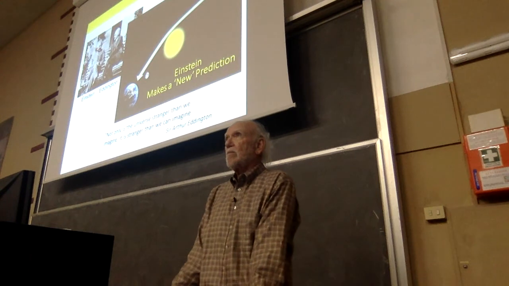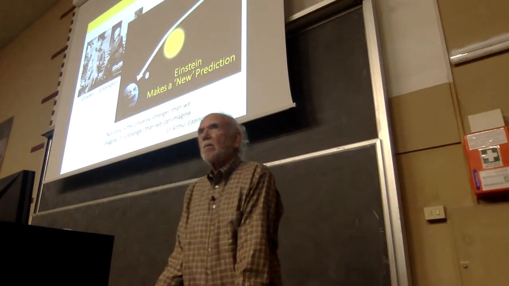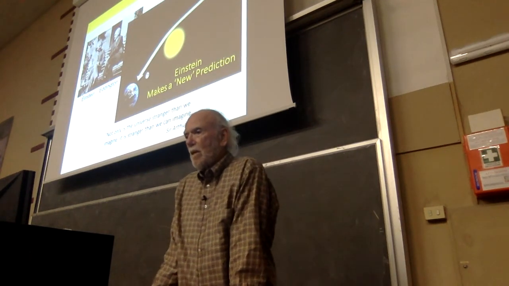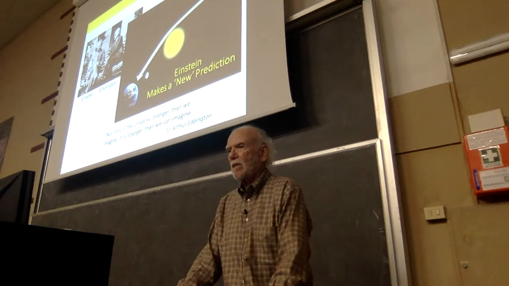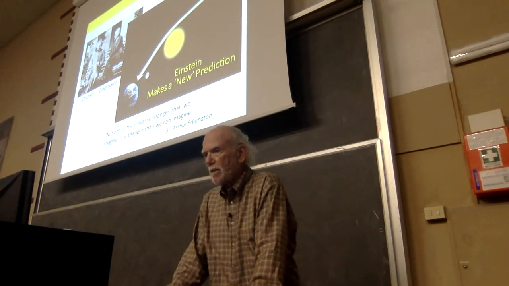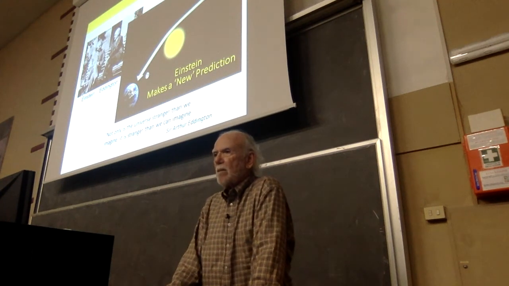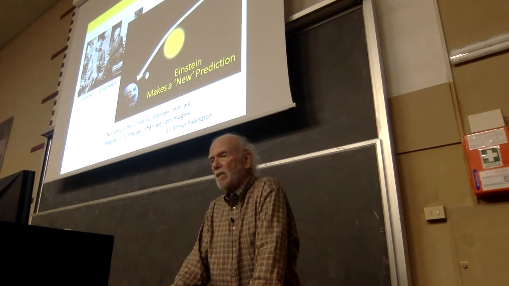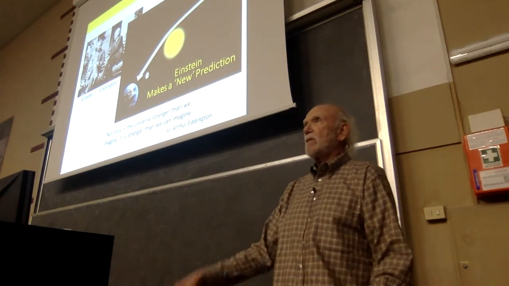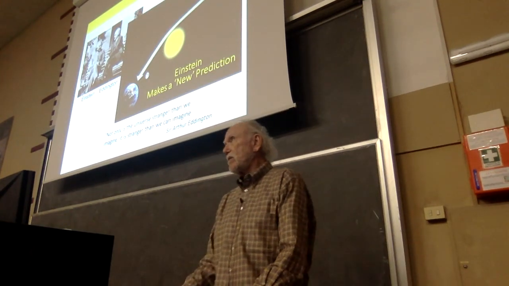So light itself, if it goes near a massive object, will be bent in Einstein's theory. And that new prediction that he made was also quantitative. He could calculate how much it would be bent. And he did that. So basically, he predicted this in 1915 in the original theory of general relativity, that light would be bent. And he predicted how to test it.